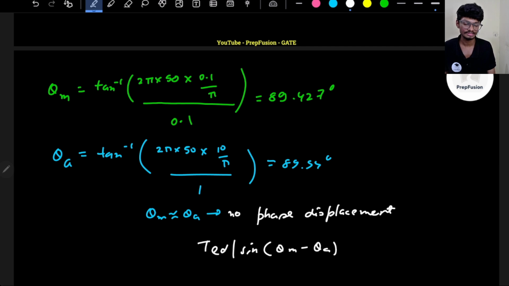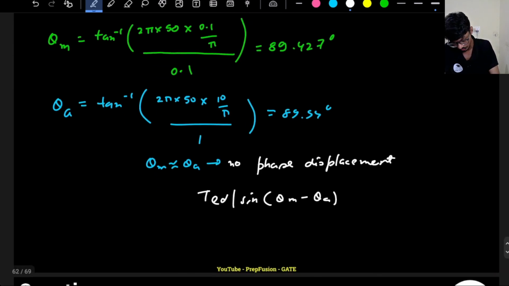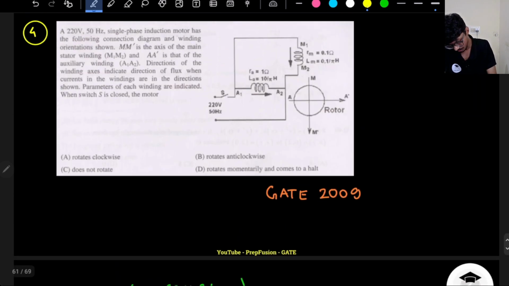Now there is no phase displacement, it is 0, so the developed torque also will be simply 0. It will not rotate at all. So C will be the answer.